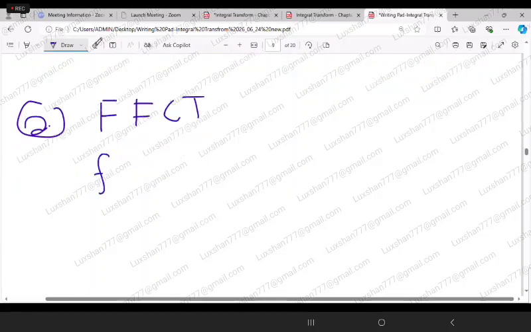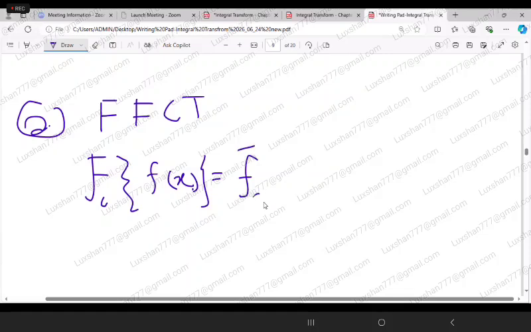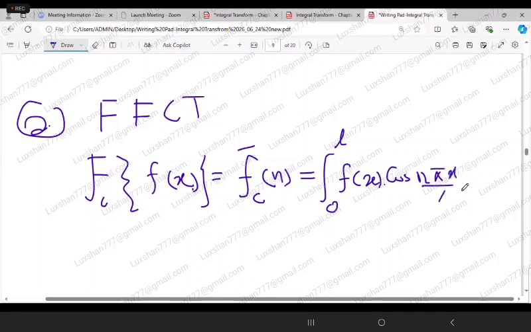The function, if it is defined as f(x), we denote it by f bar c of n, equal to the integration from 0 to L of f(x) times cos(n pi x over L) dx.